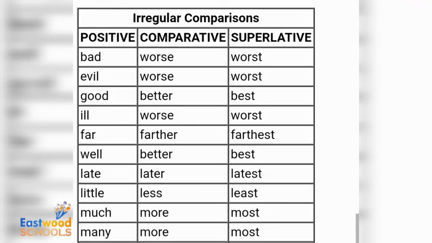And the last model we'll be looking at is about adjectives that form their comparative and superlative by taking different forms entirely. We have bad, worse, worst. Evil, worse, worst. Good, better, best. Ill, worse, worst.